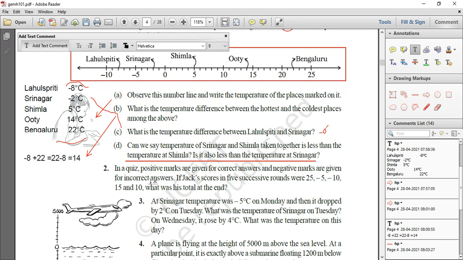The positive numbers are 25 plus 10 plus 15. If you add them, the answer would be equal to 50.